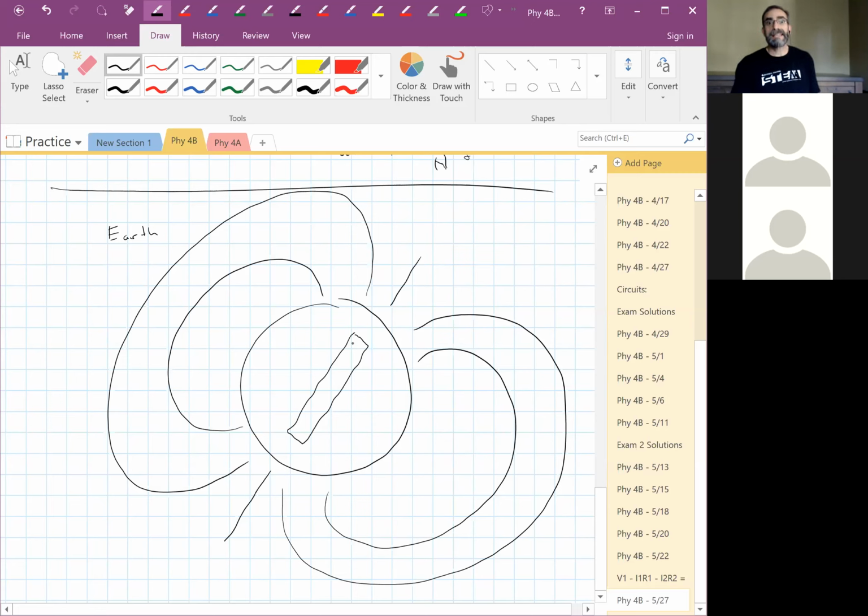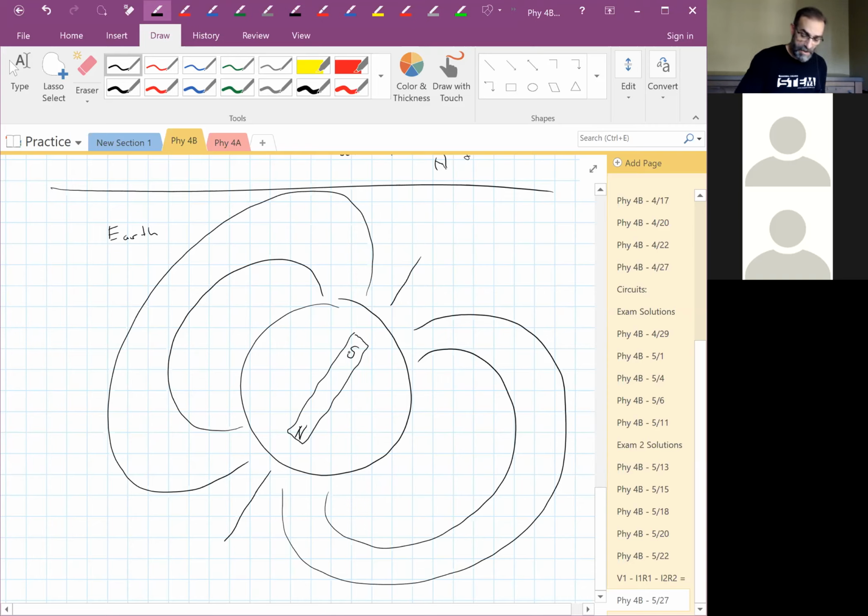Which end is the North Pole and which end is the South Pole? South is north, that is correct. This is a magnetic North Pole. This is a magnetic South Pole.